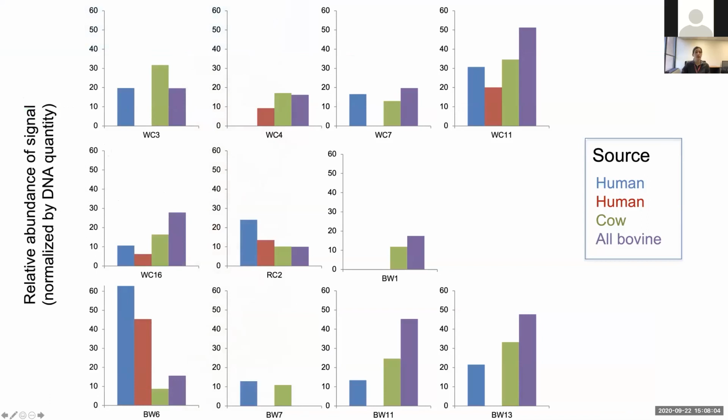And they found that throughout these different sites, there were different sources associated with humans, cows, and all bovine, shown in the different colors here. And this was most clearly shown in the Brandywine for some human sources, as well as some sites with cows and deer maybe contributing the most contaminants.